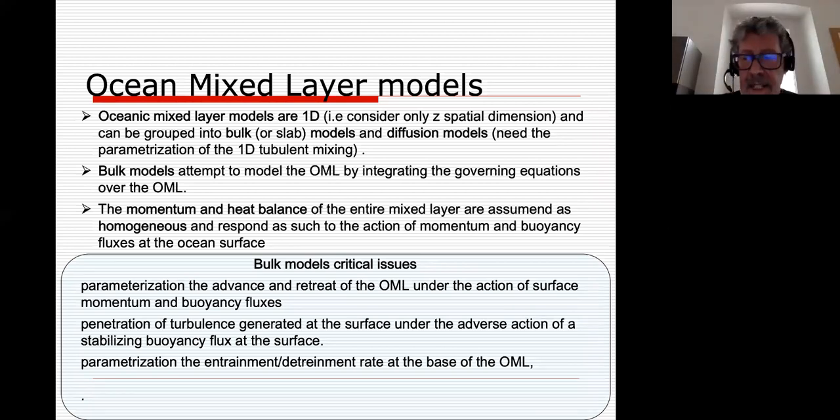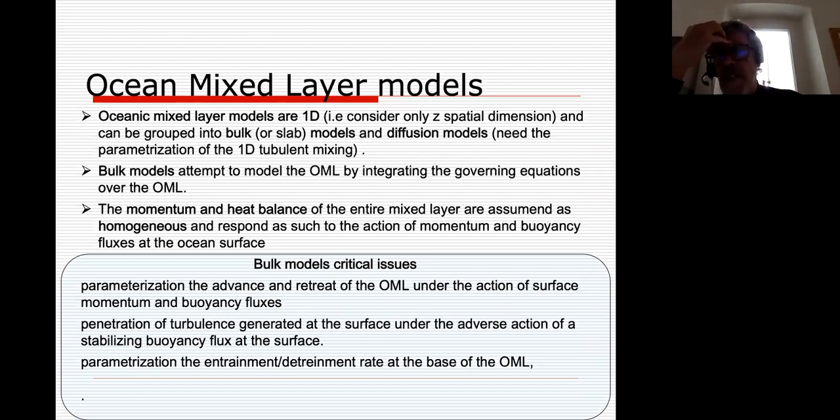And this can give us the two major approaches that are used for modeling the ocean mixed layer. We don't want to go into the technicalities of the models, but this helps us understand what the dominant processes are and which are the possible responses to this kind of approach.